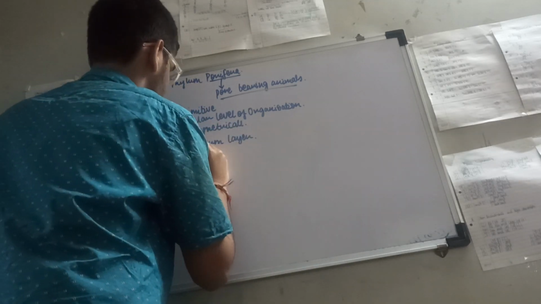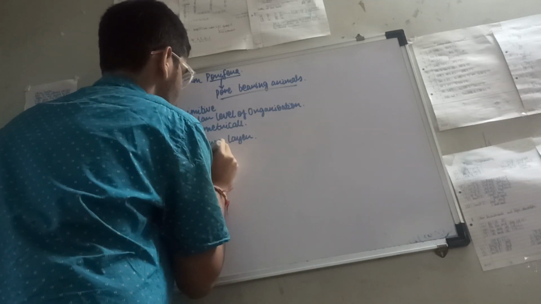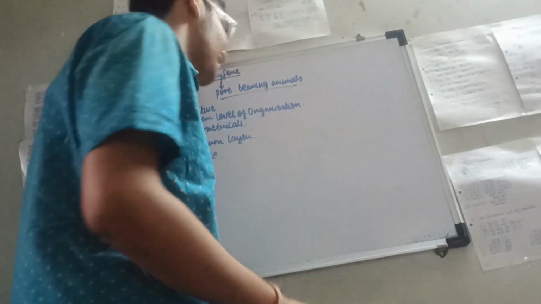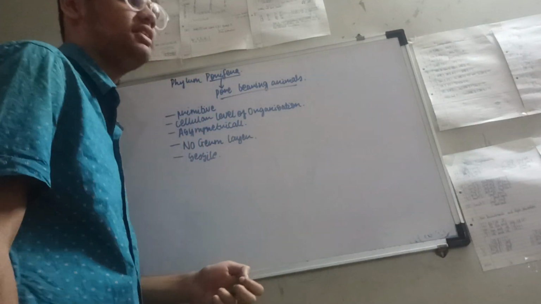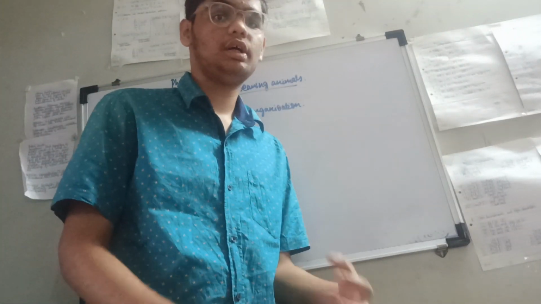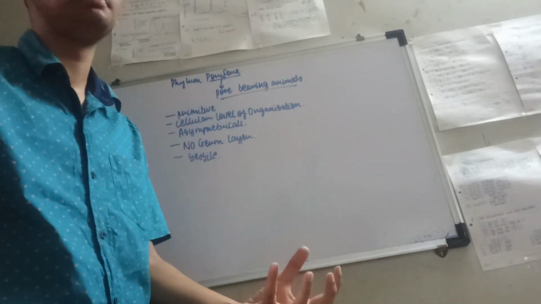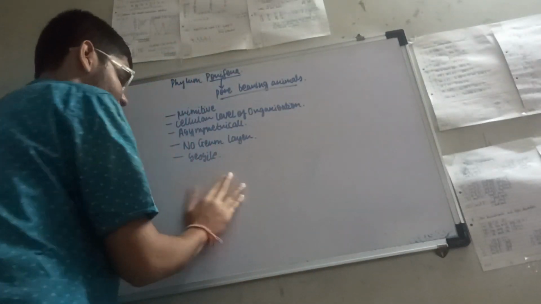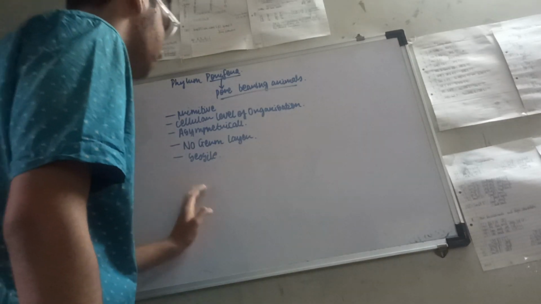They are sessile. So you must be worried about this word sessile. Sessile means they are attached to the substratum, which means they cannot move. They are not freely moving. They are sessile, attached to the substratum.